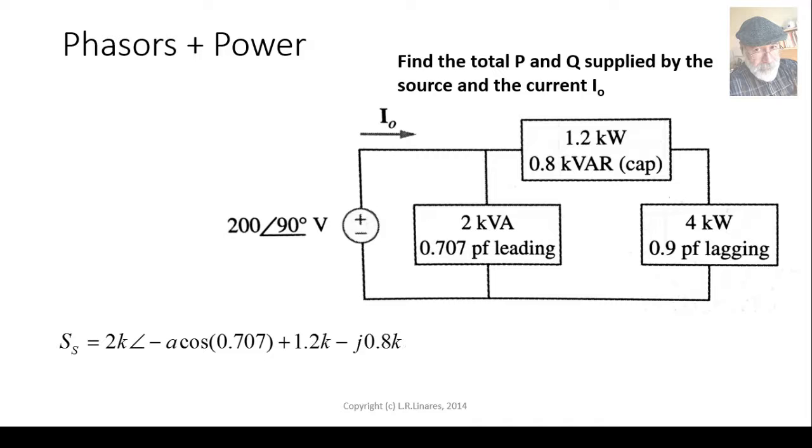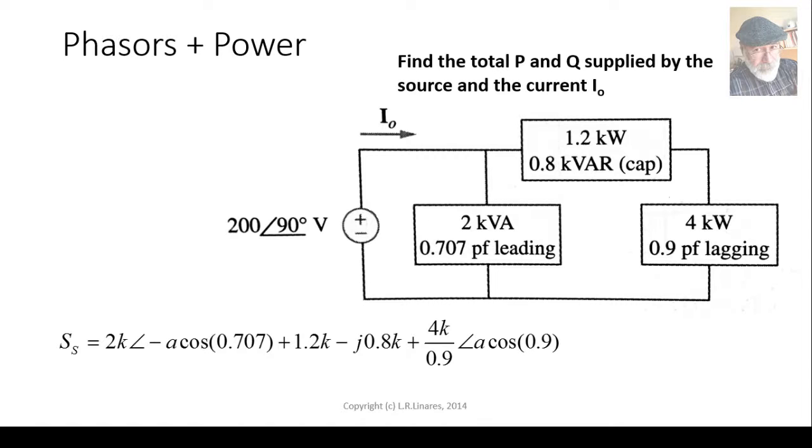And the other one, I add 1.2 kilowatts minus j0.8 kilowatts. Why negative? Because that load is capacitive. And the third one has a magnitude that is P divided by the power factor, 4 kilowatts divided by 0.9. And the angle is the arccosine of 0.9, positive because it's lagging. It is an inductive load.